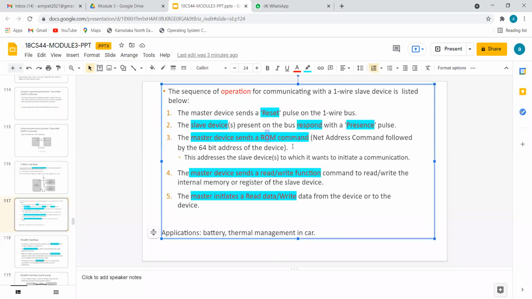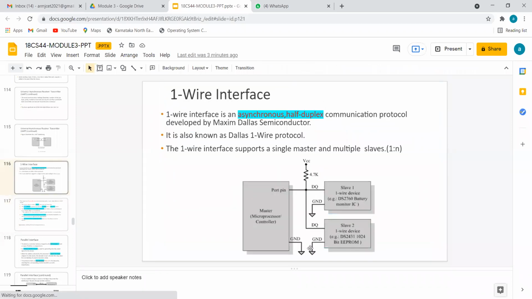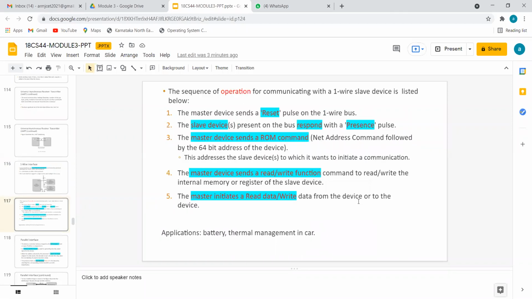Immediately master will send an address. Please, this point is important. It sends an address of a particular slave. Once master sends an address, the remaining slaves become off. If you take this as A and this as B, suddenly what happens is, if master sends address to slave 1, the others become off, meaning inactive, because of this third step, which is important.